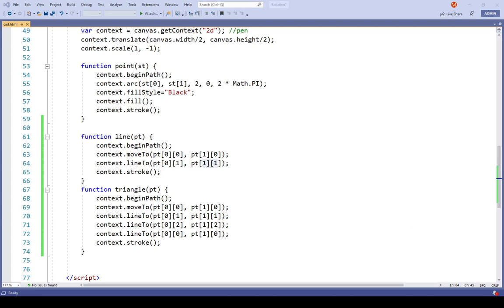So that is what I am trying to do here. This is my x coordinate of the first point, this is my y coordinate of the first point. This is my x coordinate of the second point, and this is my y coordinate of the second point.